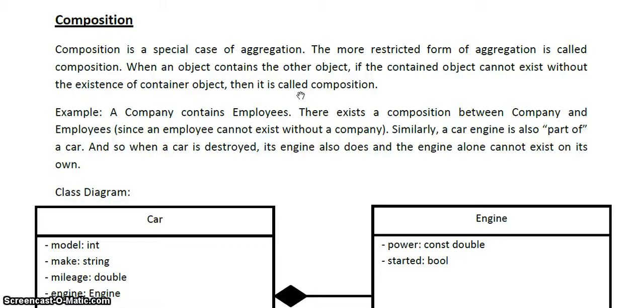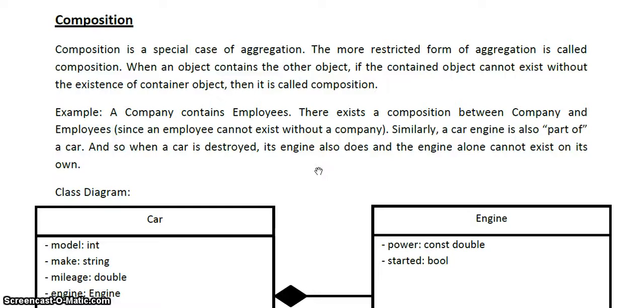So if a company gets destroyed or deleted, then the employee should also be destroyed. That person might become an employee of another company, but the employee entity in the context of this scenario will not exist. So there exists composition between company and employees, since an employee cannot exist without a company, because the term employee is basically related to a company or an organization.